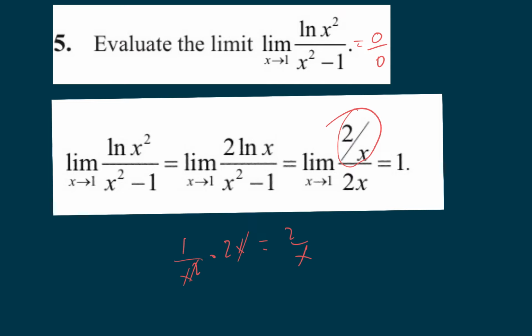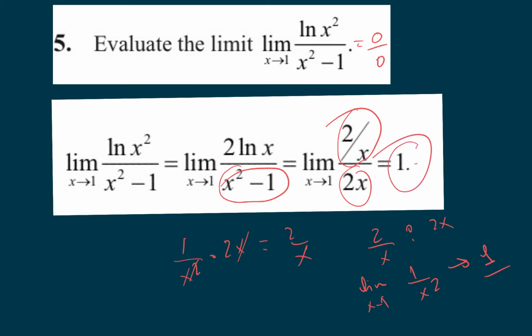And the derivative of the denominator is 2x. So 2 divided by x divided by 2x is 1 divided by x squared. When x goes to 1, 1 divided by x squared goes to 1. So we found that the limit is 1.